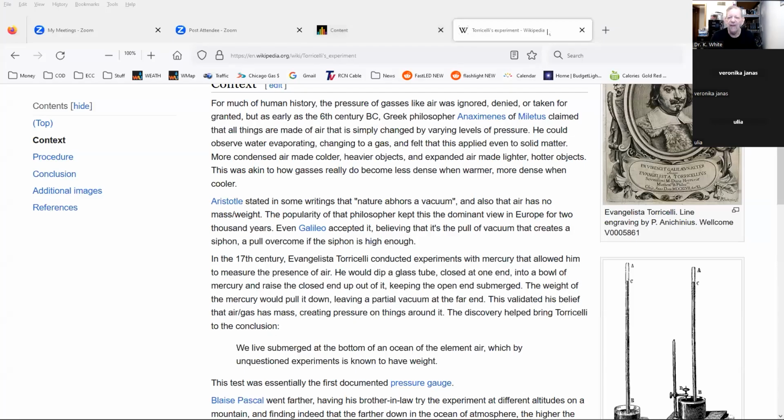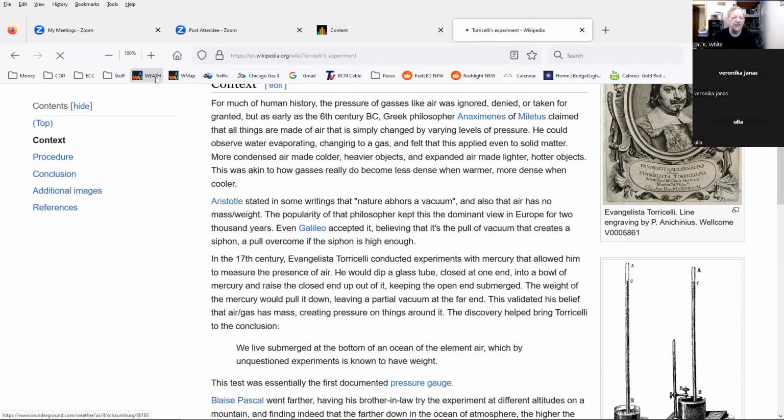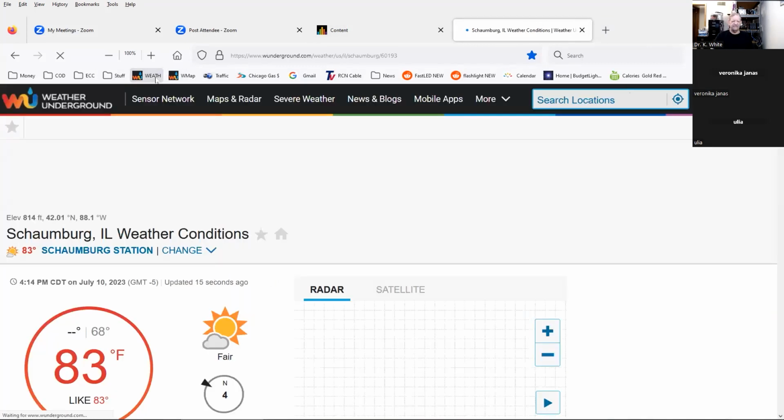Now, how important is atmospheric pressure? Well, let's go. My favorite weather website is the Weather Underground.